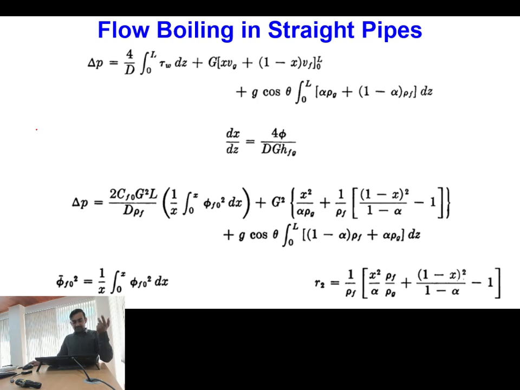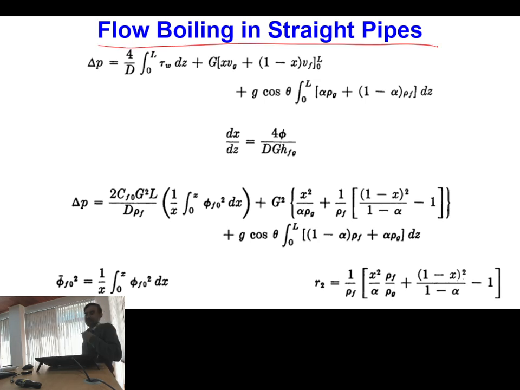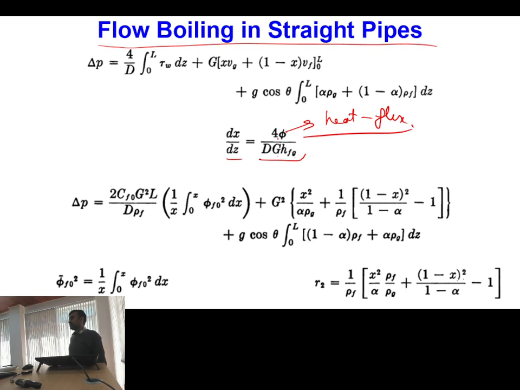Then, whenever we do the application of this, we will majorly look at the application for flow boiling in straight pipes. From the previous analysis, as I told you, dx by dz becomes 4 phi by dhfg, where phi is nothing but my heat flux.